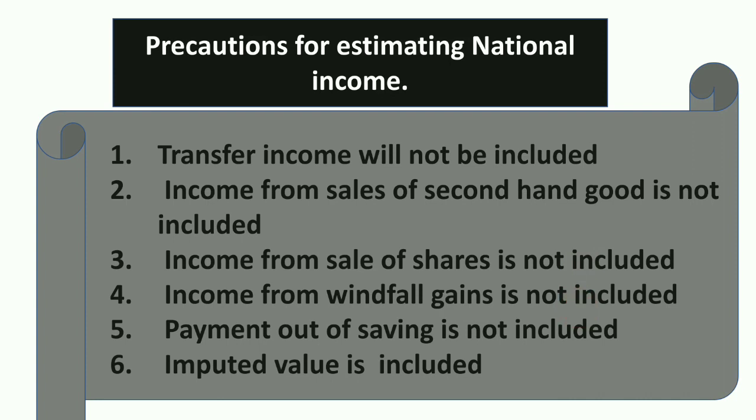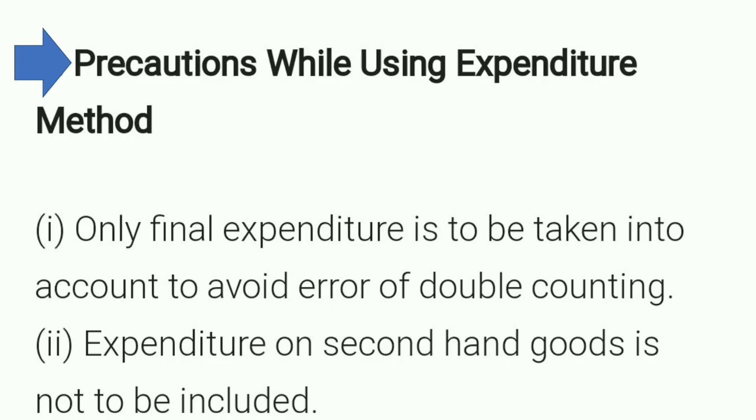And then income from windfall gains will not be included because they are effortless income, they are simply transfer income. Payment out of savings is not included because it was already included when you earned it in that year. Imputed value is always included. Why? In order to avoid the problem of underestimation of national income.